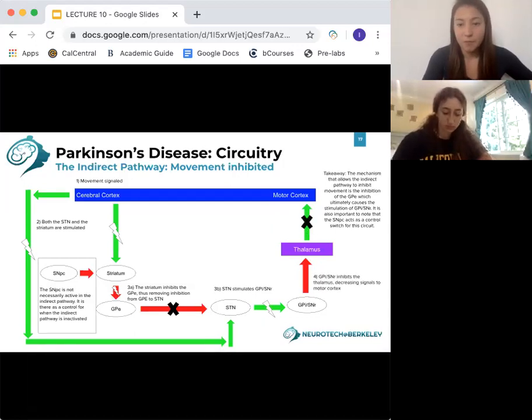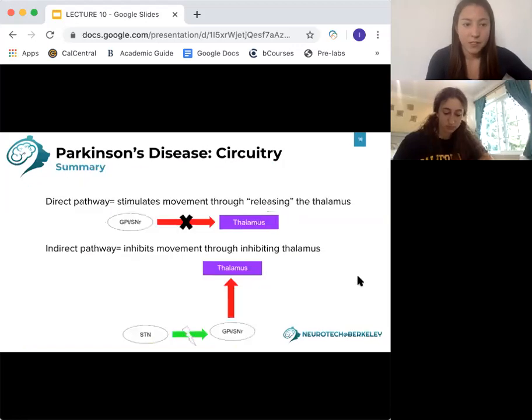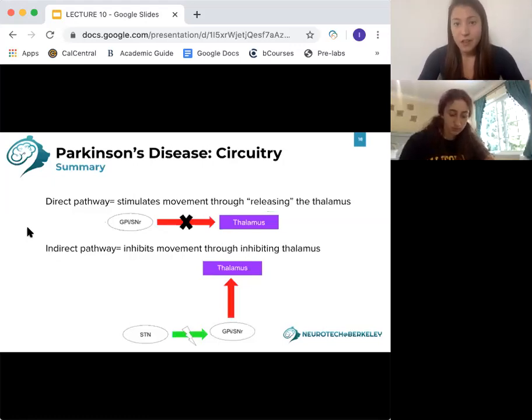So basically, what I want you to take away from this is the direct pathway works through stopping the inhibition of the thalamus through the globus pallidus internal, and the indirect pathway works through the excitation of the globus pallidus internal by the subthalamic nucleus. All right.